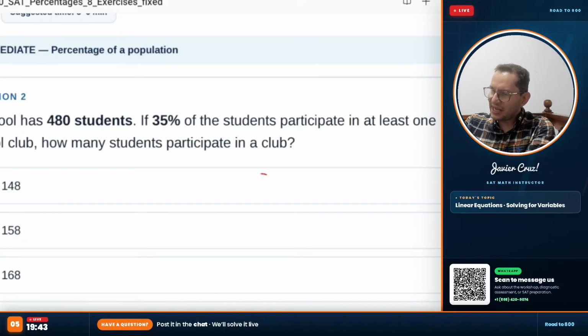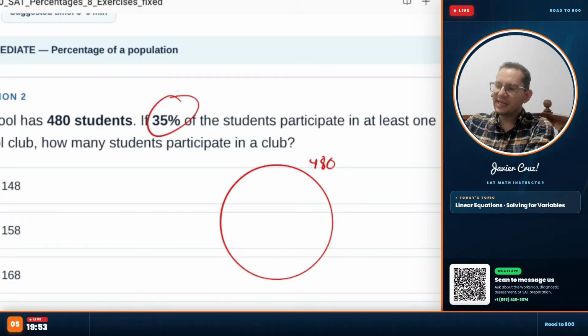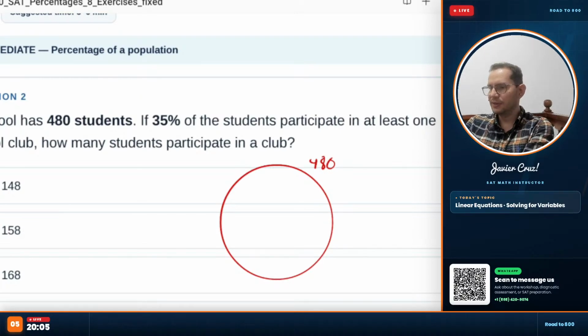So I really like to represent that number like a circle. The total number is 480 students. And now we have a percent or percentage here. And the question is, what is the 35% of this number? I suppose that is the question.